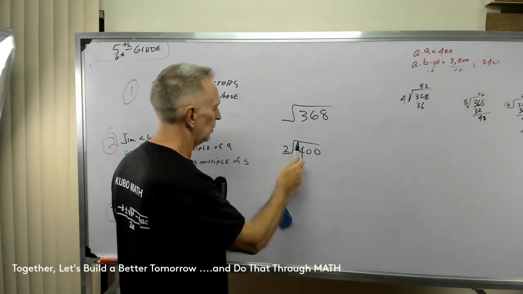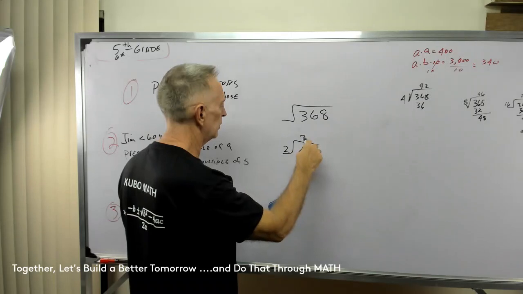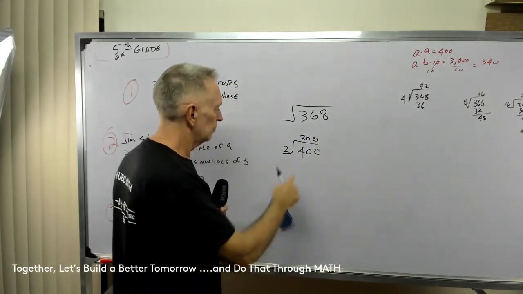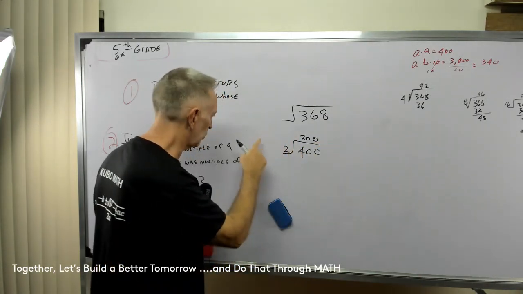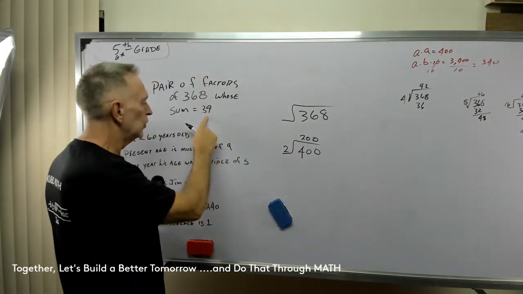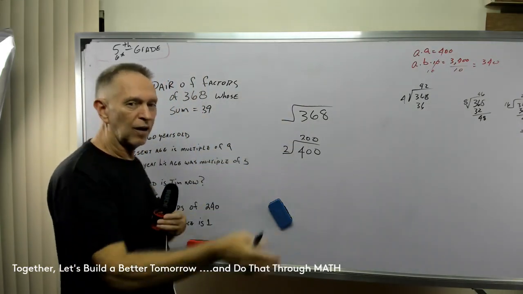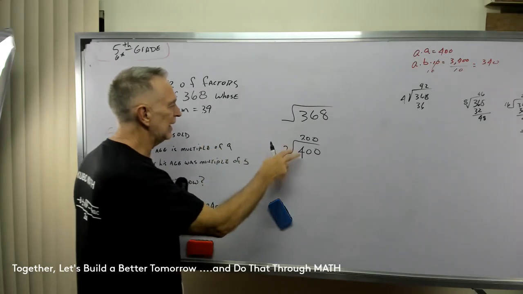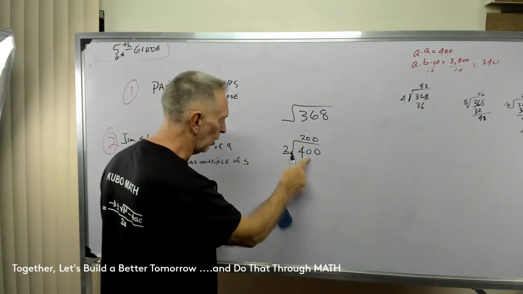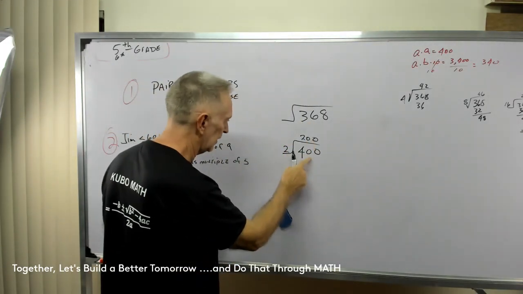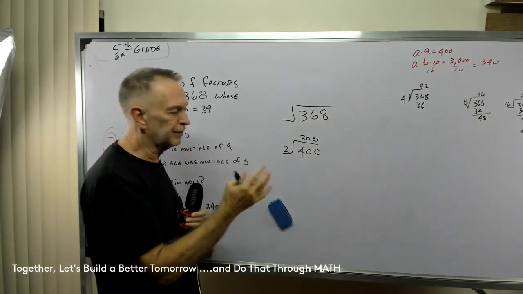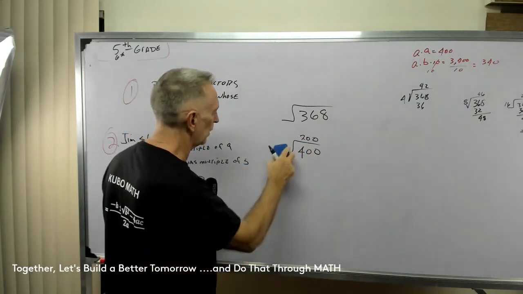Well, 2 will go into 400 200 times. 200 plus 2 is 202. So I know I'm way off in my guess on this number.